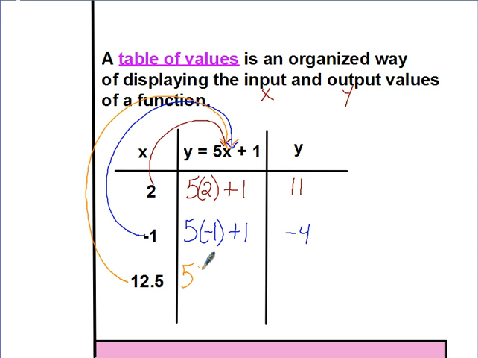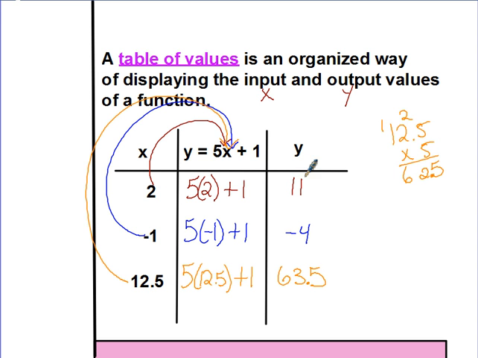So it's going to be 5 times 12.5 plus 1. I'm going to work that off to the side, since I'm not quite sure what that is off the top of my head. I got 62.5 plus 1 is going to get me 63.5.